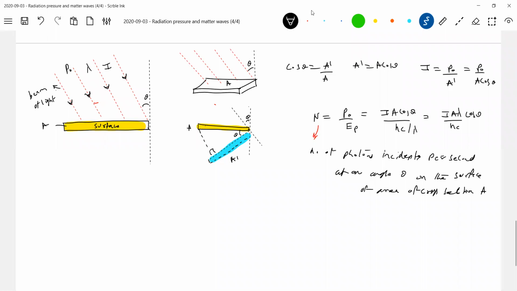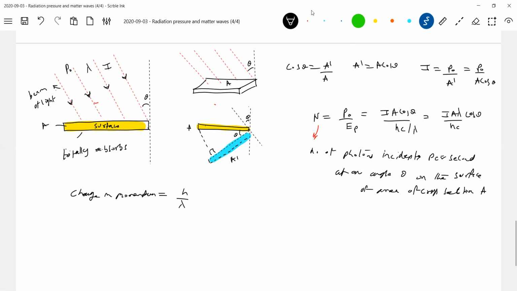Okay, let's go for the change in momentum. Let's go for total absorption. Now, what is the change in momentum of a photon? It should be equal to h by lambda.